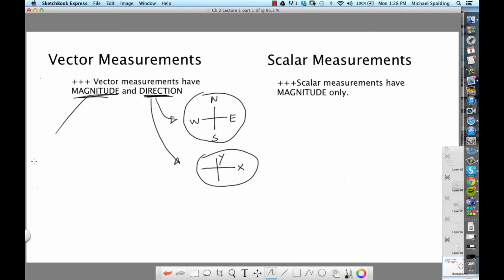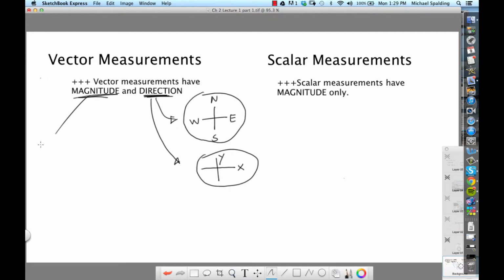Now, magnitude is a term that for some reason stumps a lot of kids. You're going to see it on quizzes and tests and the homework. The problem would say, find the magnitude of the acceleration. Find the magnitude of the force.